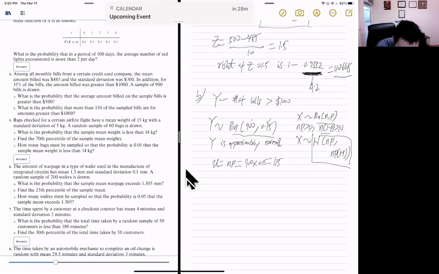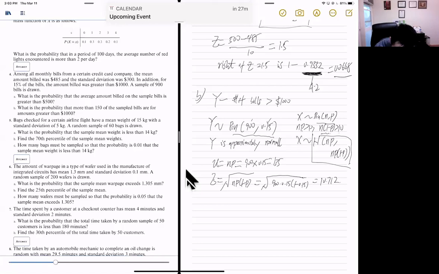And standard deviation is square root of NP times 1 minus P. Standard deviation is 10.712.